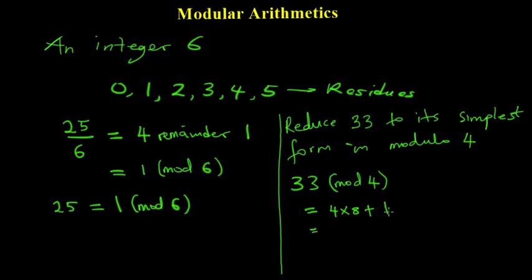Therefore, that number that we added to make it 33 is the remainder. That means 1 modulo 4. Therefore, we can say 33 is equal to 1 modulo 4.